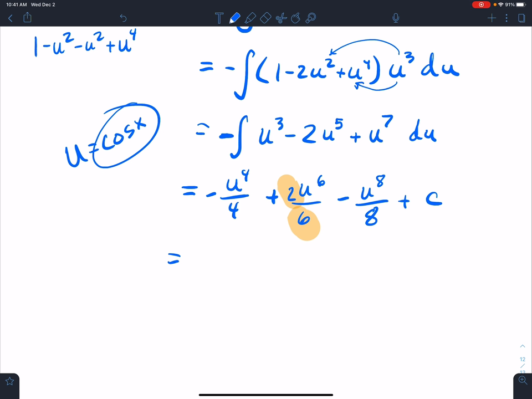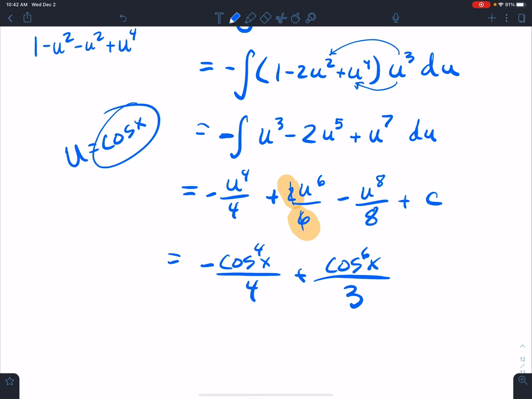Substitute u to the 4th, that's cosine to the 4th x over 4, and then plus cosine to the 6x over 3. Remember, the 2 and the 6 canceled there. And then minus cosine to the 8x over 8 plus c right there.